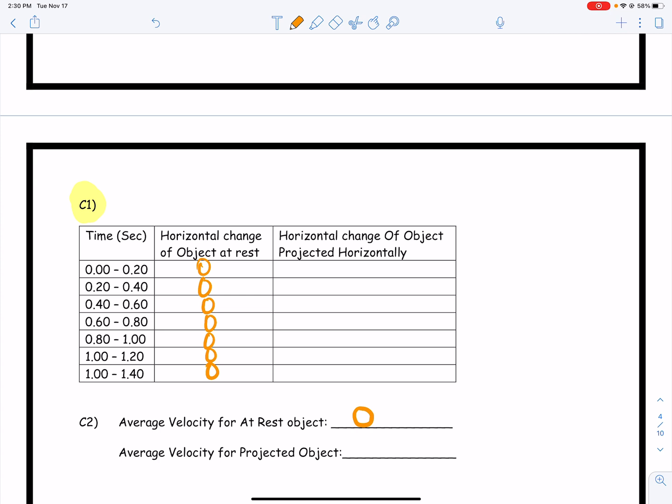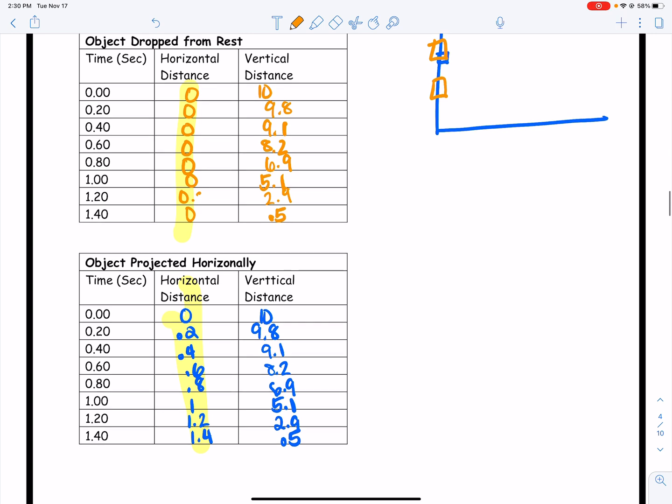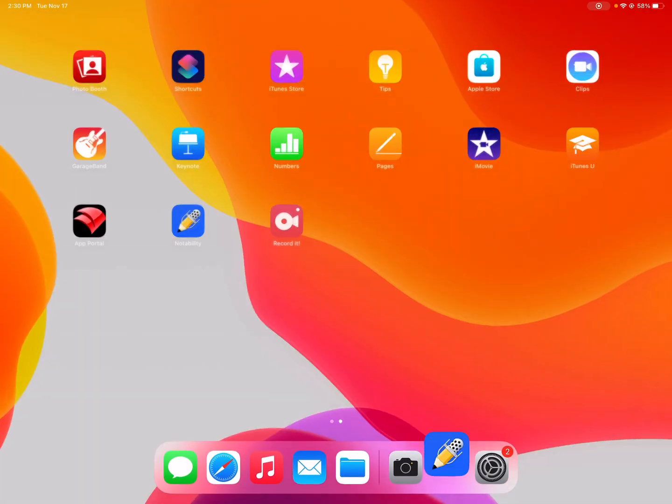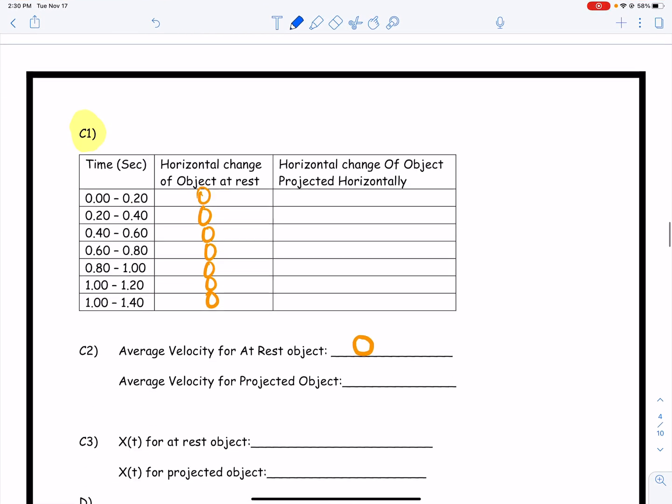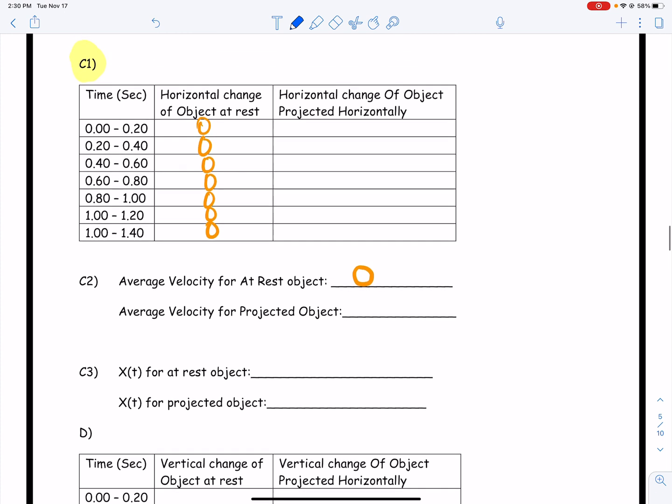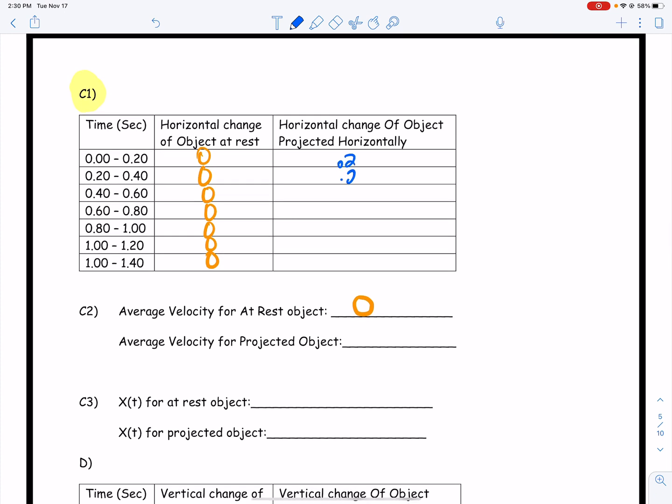Okay, and so now let's look at the next one. It wants me to look at my change, my distance. All of these are 0.2s. Okay, it stays constant. So I'm going to just write 0.2, 0.2, 0.2, 0.2, 0.2, 0.2, 0.2. And to find my average velocity, if you look at C2, it says change in position.